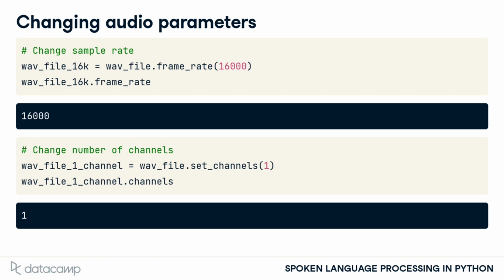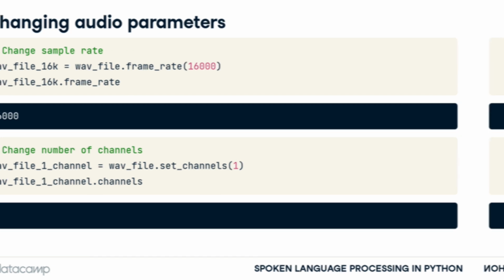A rule of thumb is, the higher the values, excluding channels, the better. You should aim for a minimum of 16,000 Hz as the frame rate and to have your audio files in WAV format. We'll see how you can convert audio files using Pydub in a later lesson.